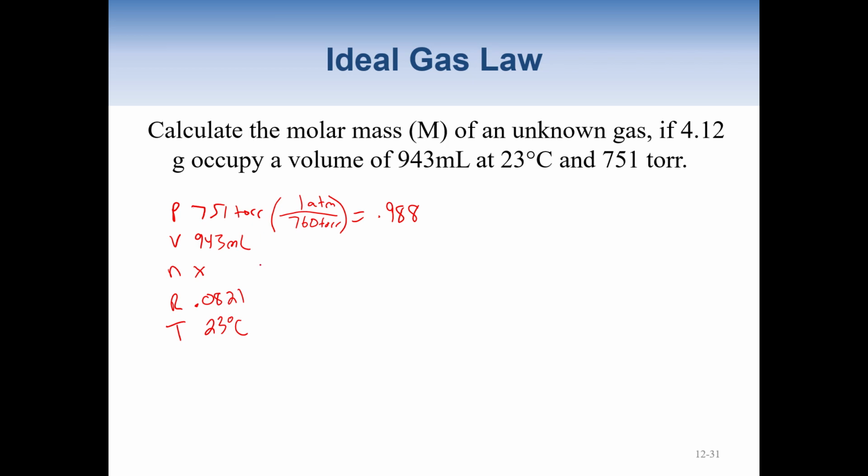Next, we have to convert this one to liters. 0.943 liters. Next, we have to convert this one to Kelvin. 23 plus 273 gives us 296 Kelvin.